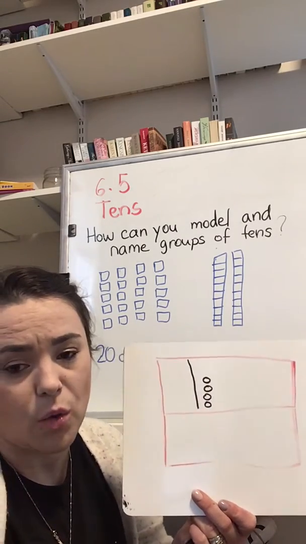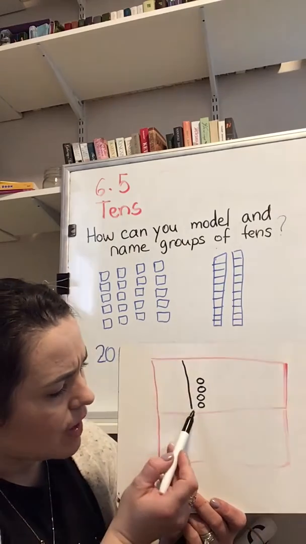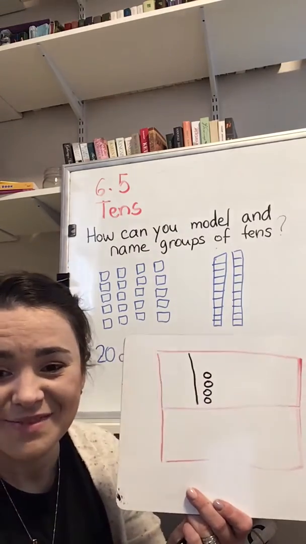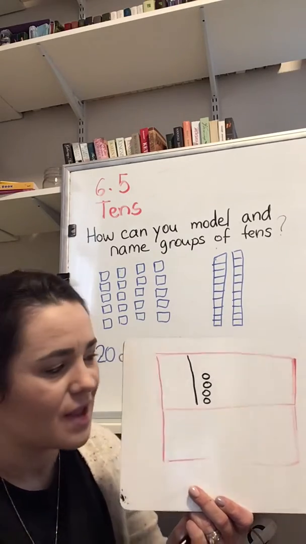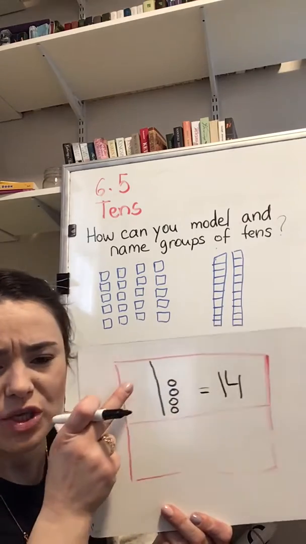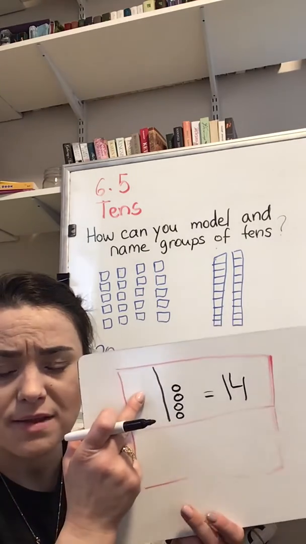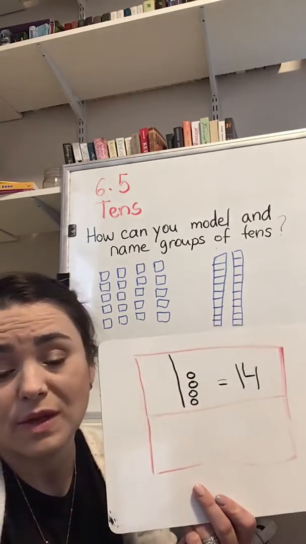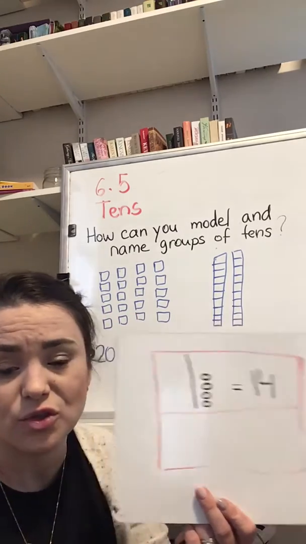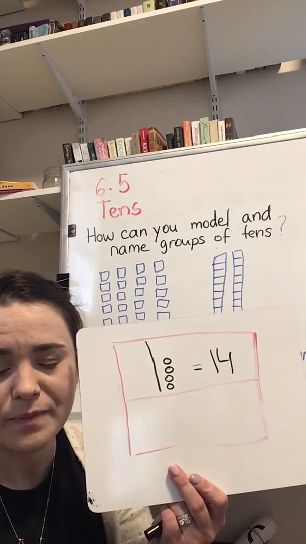I do not go more than 5. So the number is 10, 11, 12, 13, 14. So what is the number? The number is 14. It's much easier to just draw a line instead of drawing a cube of 10, or a cube train of 10, right? So I can just draw a line to show 1 ten.